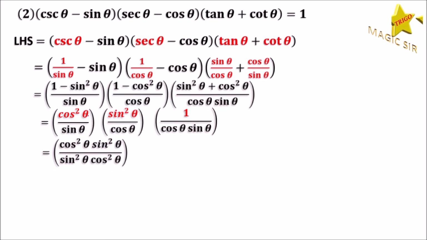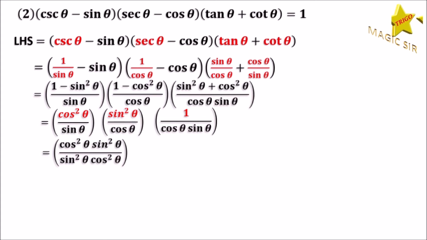On multiplying brackets with each other, we get cos square theta into sine square theta into 1 is equal to cos square theta into sine square theta, and sine theta into cos theta into sine theta is equal to sine square theta into cos square theta.